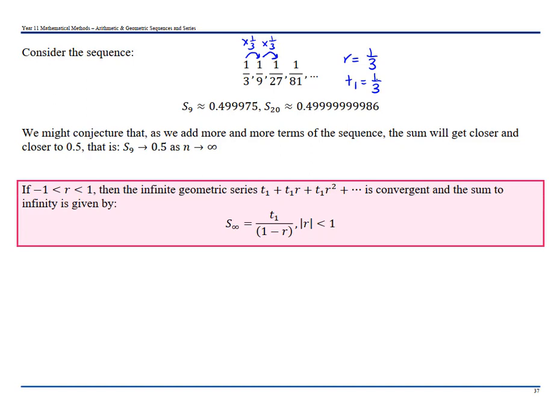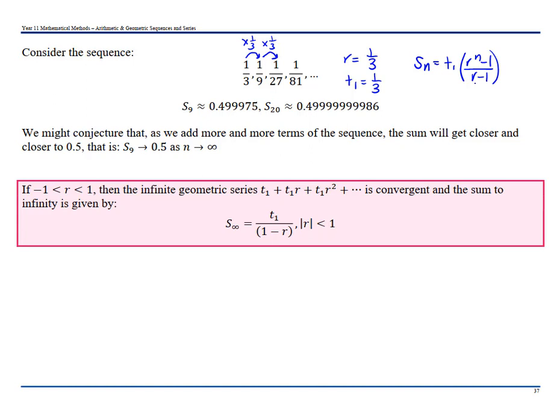Now, if we plug into our full formula for a geometric sequence, knowing that our formula is S of n equals T of 1 times R to the n minus 1, over R minus 1, then for the sum of the first 9 terms, it would be approximately 0.499975.